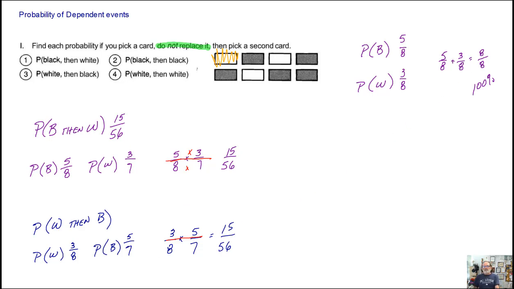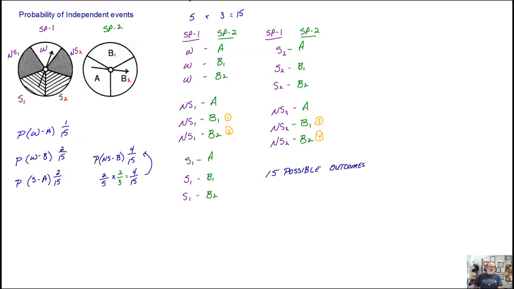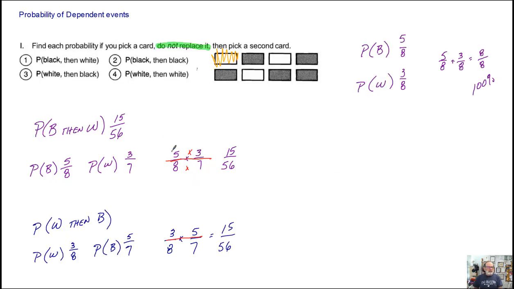If you remember from our first video, we did the spinners. I said you can figure out that there are 15 possible outcomes because the first spinner has 5 and the second spinner has 3. So when you multiply those together, you get the possibilities. The same is true with our cards. When you first draw your card, there are 8 that you can draw from.